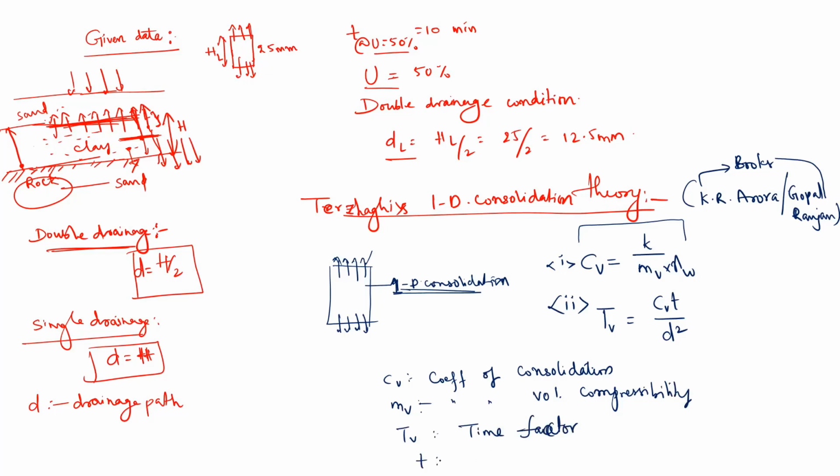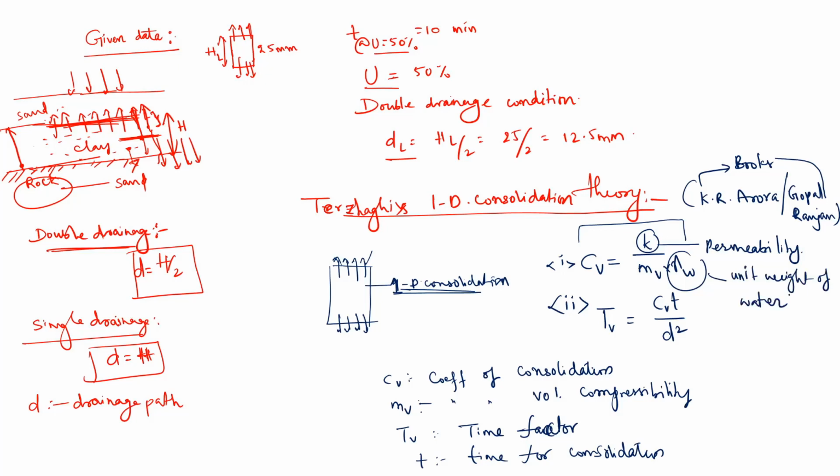And T is time for consolidation. D, I have told you, is drainage path. Anything else? See, K is permeability of the soil, whereas gamma w is unit weight of water or pore fluid, whichever is there in the soil.